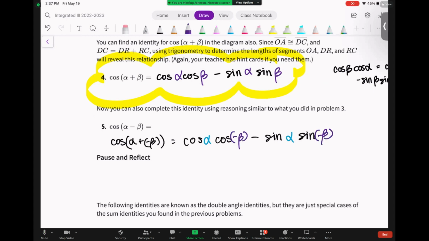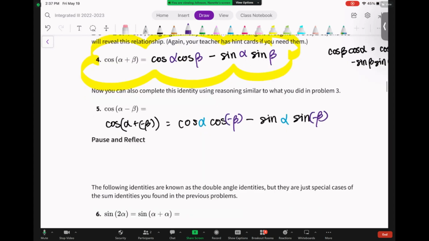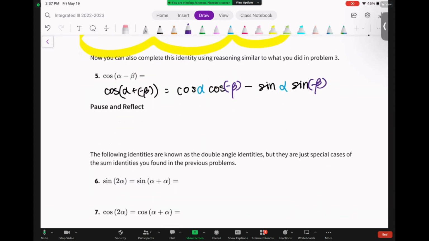And then when I do that, I get cosine, cosine, sine, sine. And then when I simplify all of this, we remember that cosine of negative beta is just cosine of beta, right? Cosine of negative beta and cosine of beta are the same because cosine is an even function.